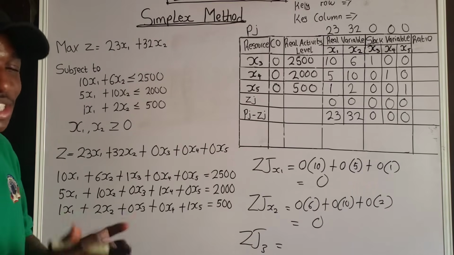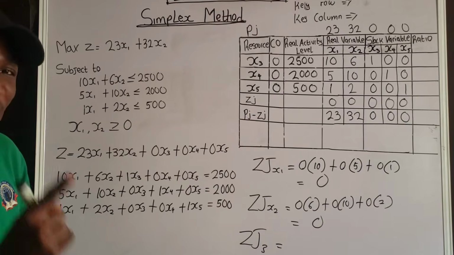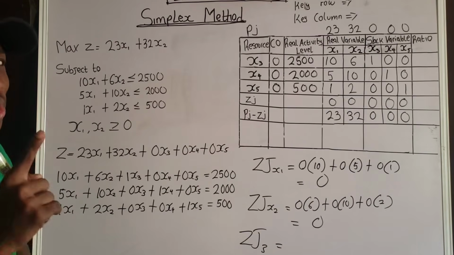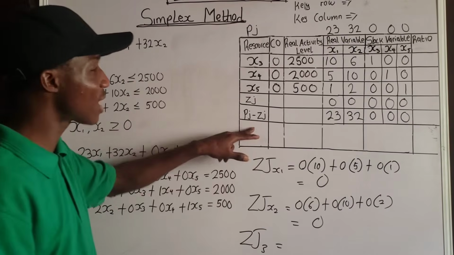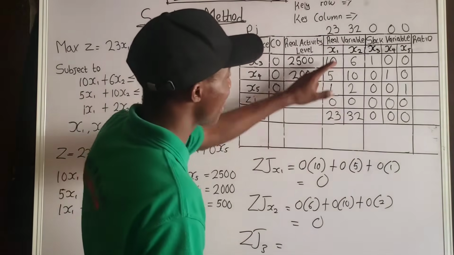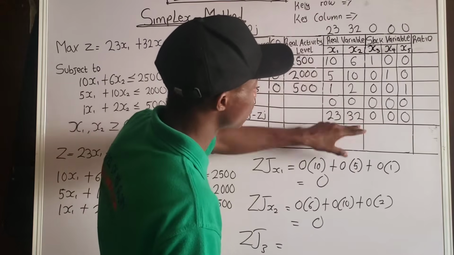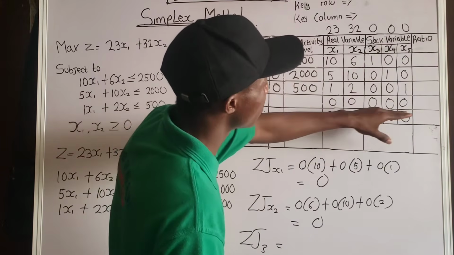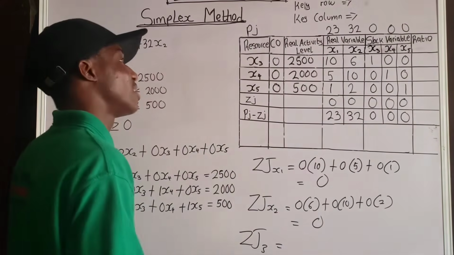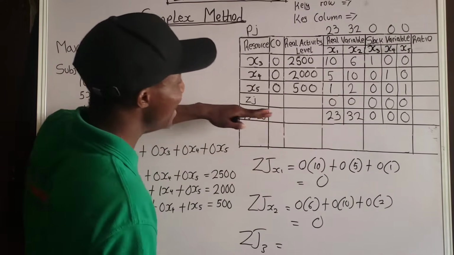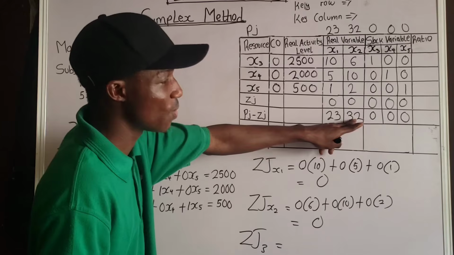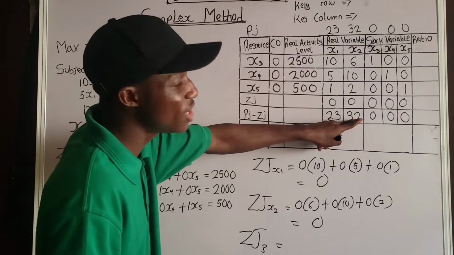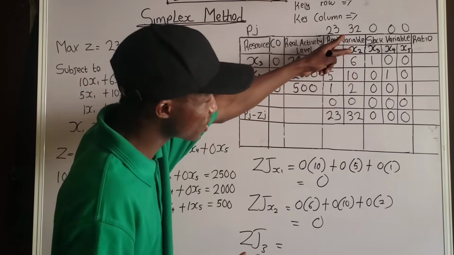You understand? The column to which the highest value of pj minus zj belongs will be our key column element. If you look at this, the pj minus zj for x1 is 23, for x2 it is 32, and for x3, x4, x5 it is 0. What is the highest positive value here? That is 32, and the column to which 32 belongs is x2.